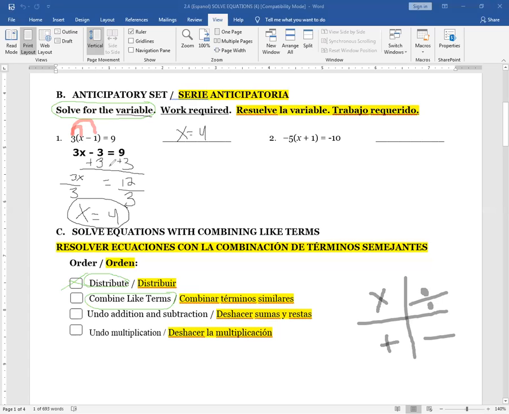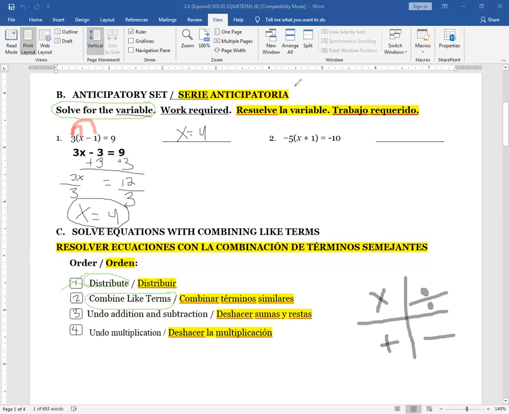And so to do this problem, we first distributed, then we combined like terms, then we undid the addition and subtraction, then we undid multiplication. This was first, this was second, this was third, and this was fourth.